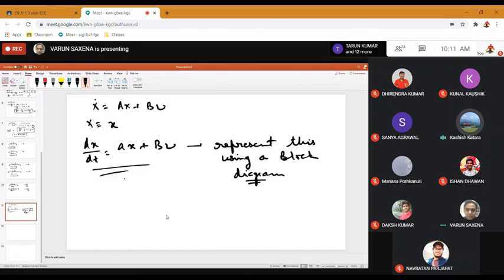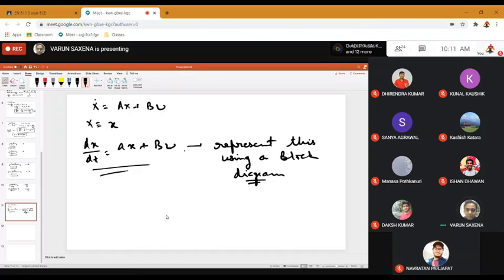So we will take Laplace transform of it first of all. Yeah, but tell me just by looking at it. There's no need to take a Laplace. Just write A and B in the blocks. If you had to make a block diagram in time domain, then what will it be?